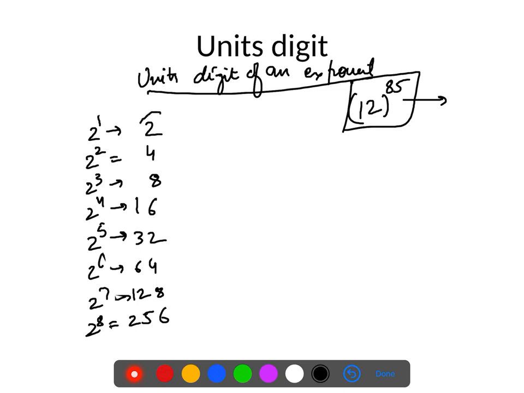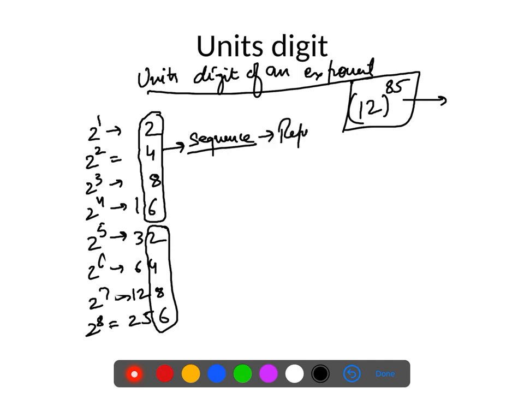Now if you see, the last digits are 2, 4, 8, 6, 2, 4, 8, 6. This sequence of 4 digits will keep repeating as we take more and more powers of 2.